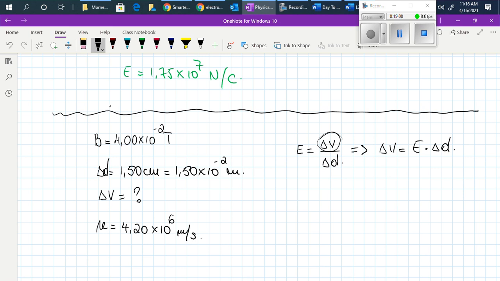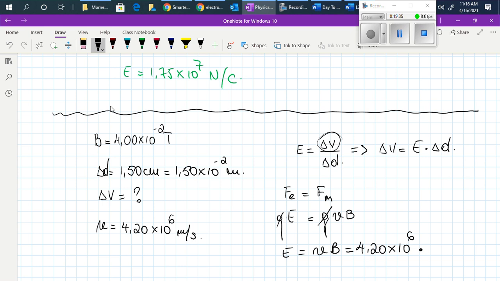So then this gives us the clue that we will use the fact that the ion is moving undeflected and force of gravity is ignored. So QE is equal to QVB. So E is equal to VB, or 4.20 times 10 to the power of 6 times 4.0 times 10 to the power of -2.